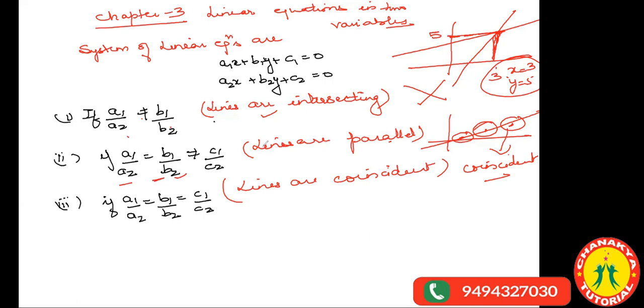And if all three ratios are equal, then lines are said to be coincident. Understood, children? Children, kindly unmute yourself and give me reply also.